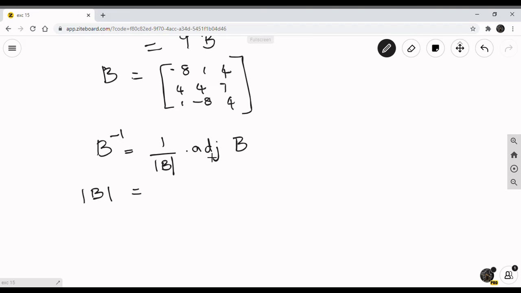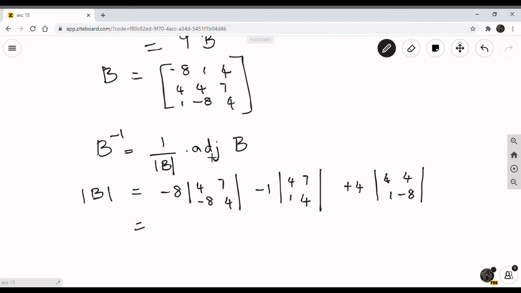Now expanding through the first row, 4 fours are 16, minus of minus plus 56.